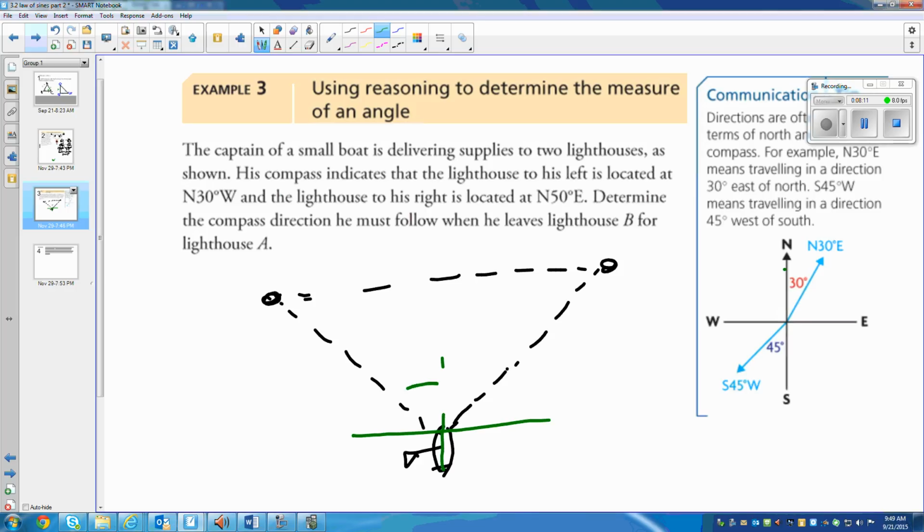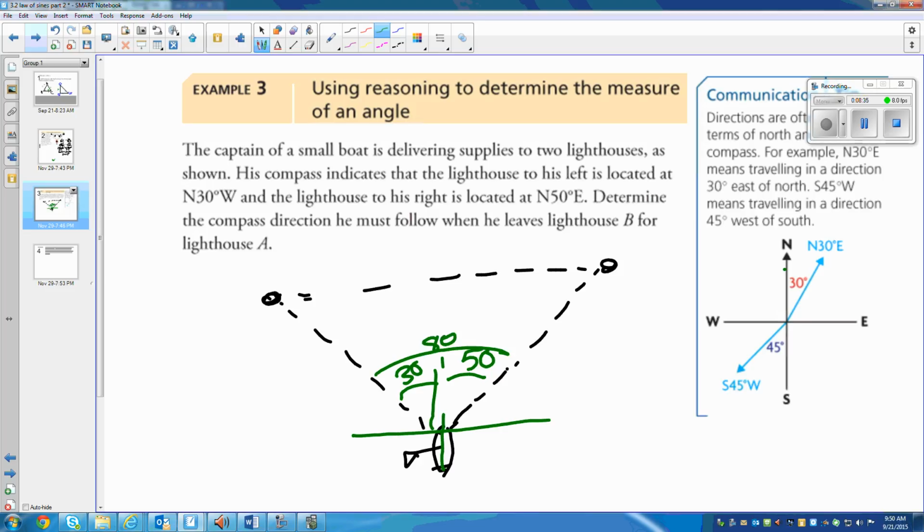So it should be north 30 degrees that way. And then the other side is north 50 degrees east. So this side is 50. So this whole angle in the bottom is 80 degrees. Okay? That whole angle in the bottom.